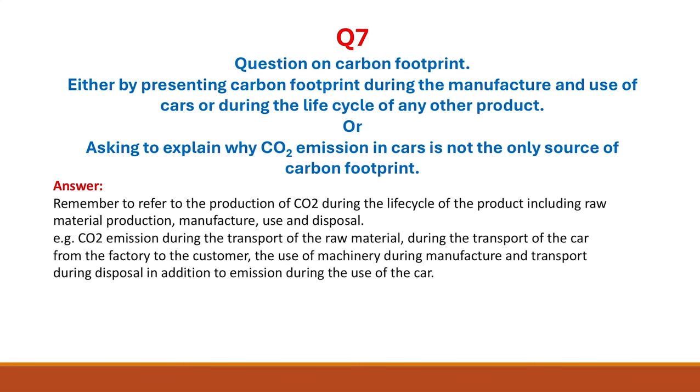So carbon dioxide emission during the transport of the raw material, because of the use of the vehicle to transport the raw material, during the transport of the cars, for example, from the factory to the customer. The use of machinery itself can produce carbon footprint, and also the transport of the cars, or of any product, during the disposal. This is in addition to the emission during the use of the car.